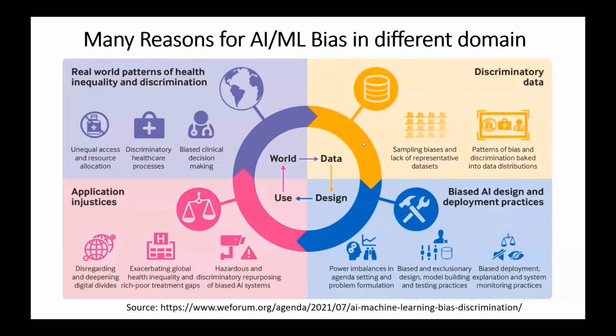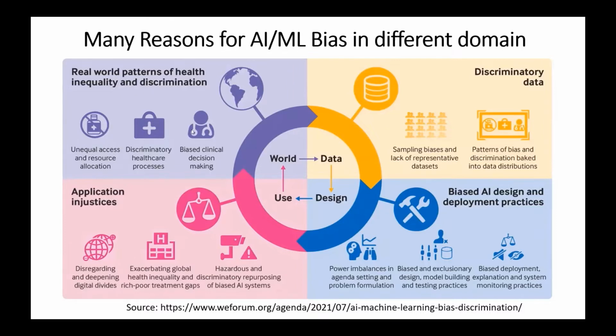Now, look at this cycle. We have the world. From the world, we collect the data, we design algorithm and develop it, then we use it in the world. So it is a cycle, and in each of the areas, we have some issues. Like in the way we perceive the world, real world patterns of health discrimination can happen, like unequal access and resource allocation in the world view.